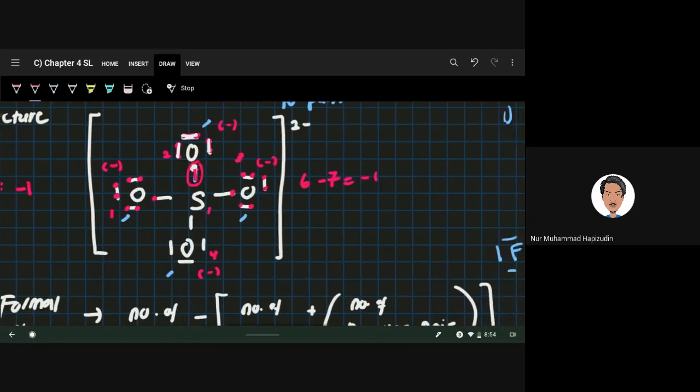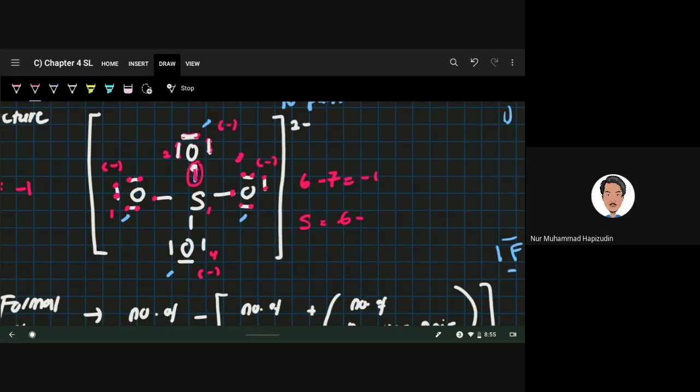Okay, cuba kirakan sulfur punya formal charge berapa? What is the formal charge for sulfur? Sulfur has 6 valence electron. Sulfur 6 minus berapa? 6 minus 2.